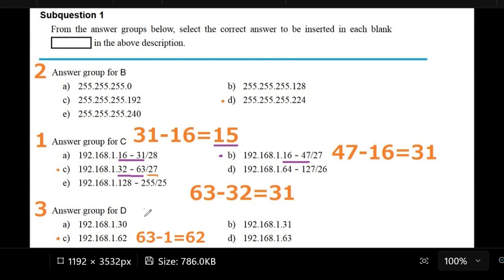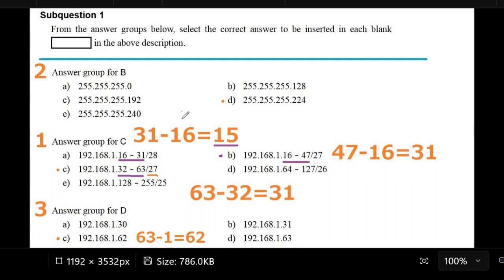So what that means is, if we don't understand how we can solve the first question in the sub question, we go to the next one, and then from there we can identify what should be the correct answer for the previous question.